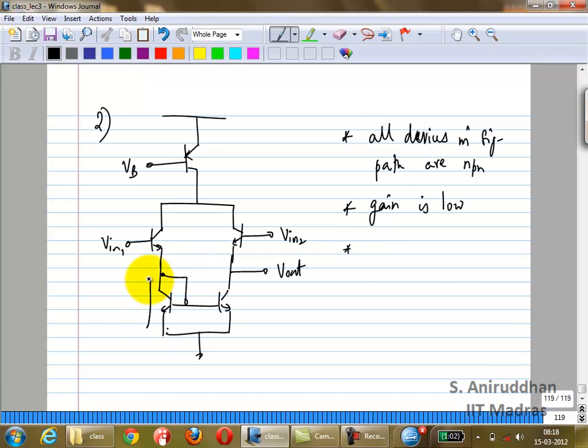Your input common mode range, you have a VBE here and you have another VBE here. So you almost have no input common mode range at all. You have two VBEs. That's it. Because remember, in the case of a bipolar, it's actually an exponential device. The VBE common mode is always somewhere around 0.7.